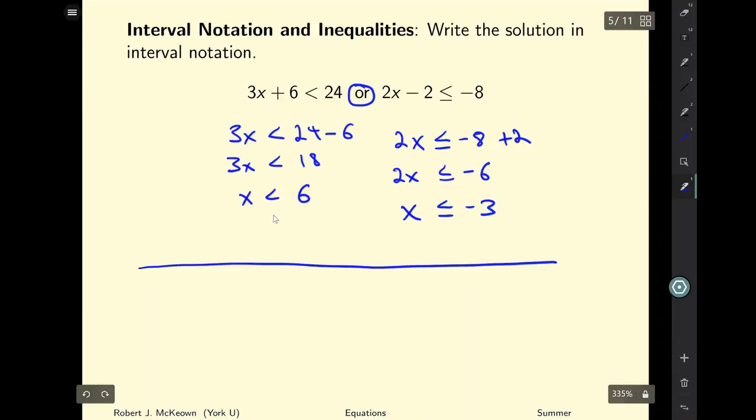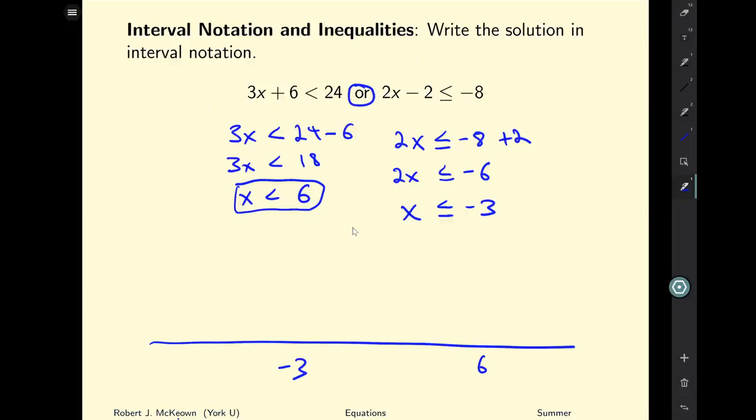So I'll draw a real number line, and I'm going to have 6 over here and negative 3 over there. Now, I'll write the inequality over here, and I'll write this one over here as well.